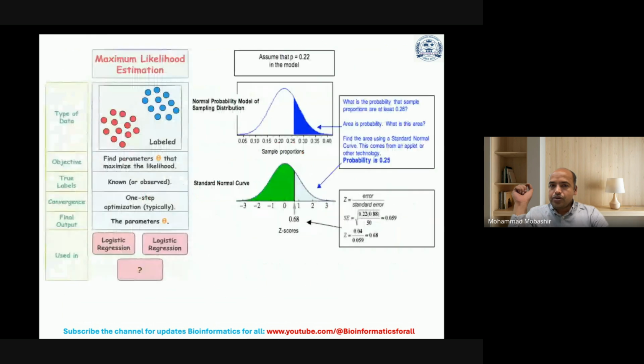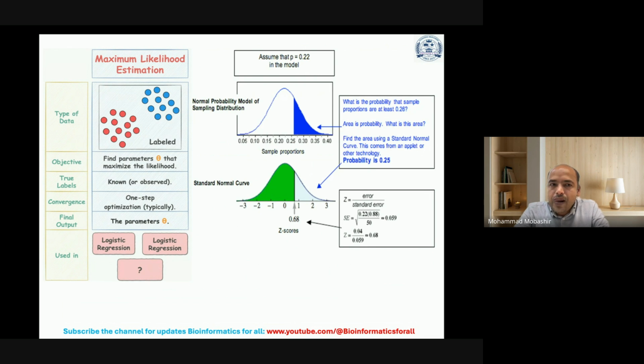To understand how maximum likelihood could work, you first need to understand the project where you are going to implement such an estimation algorithm. Once you understand the types of data and the goal or objective of the project, you go for labeling and then convergence, final output and applications.